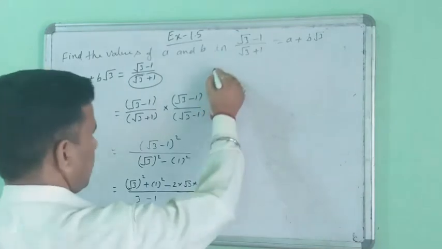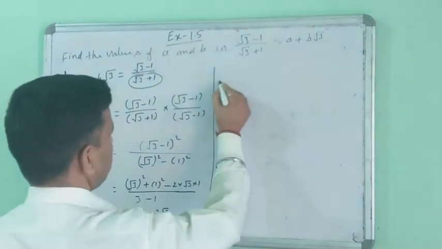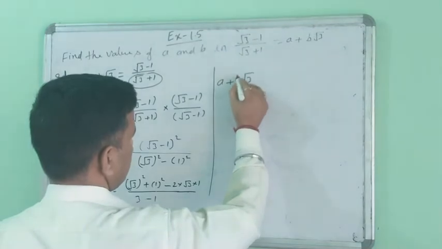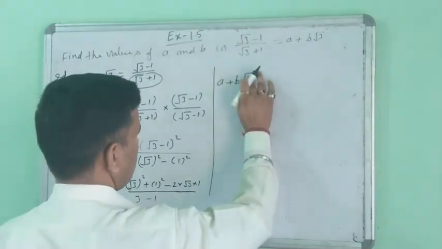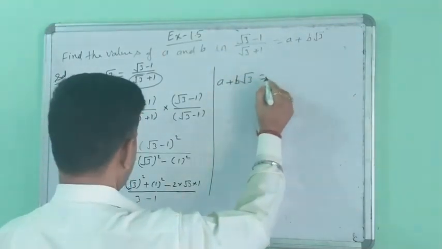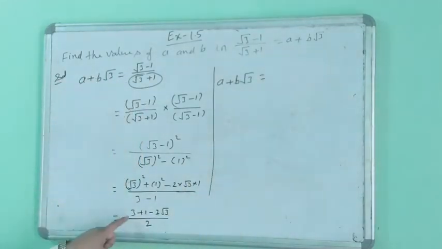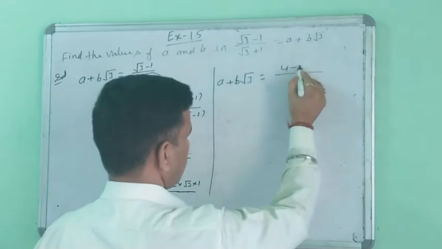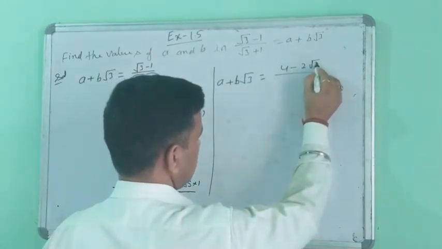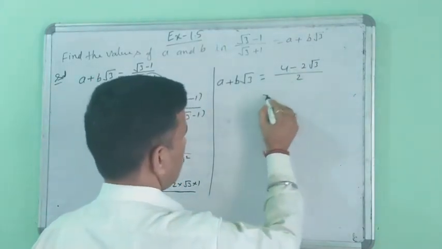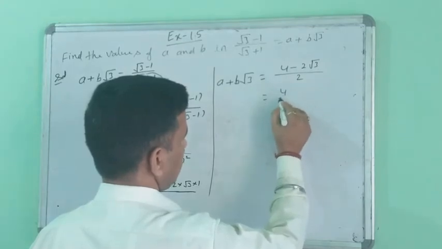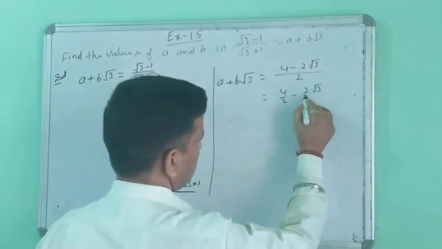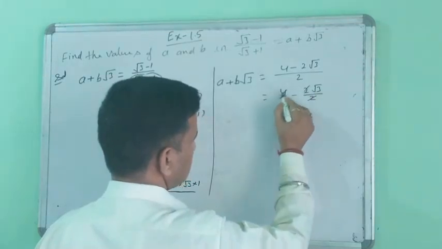So now a plus b root 3 is equal to, solving it, 3 plus 1 is 4, so 4 minus 2 root 3 upon 2. Now separating, 4 upon 2 minus 2 root 3 upon 2; this 2 will be cancelled, 2 to the 4.